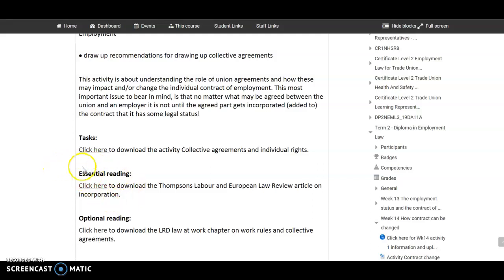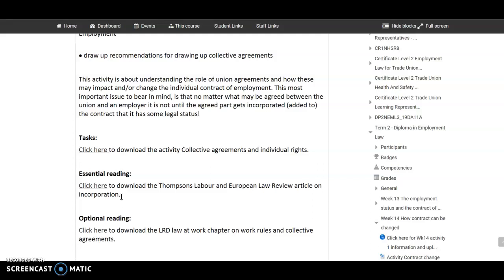But what this activity does is get you to think about what the law says if a union was negotiating a pay rise, a new sickness absence policy, a new redundancy policy. The Thompson's article, I think, is one of the best to explain how what the union negotiates then becomes part of our contract, to give it some legal status.